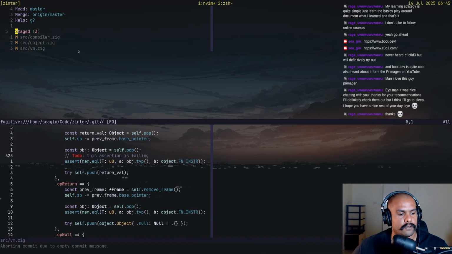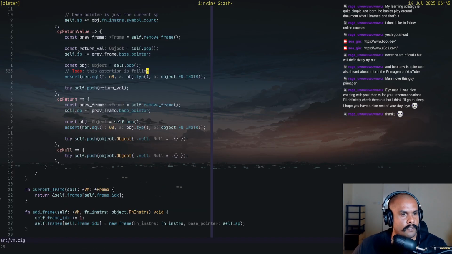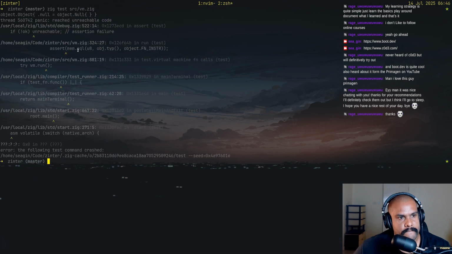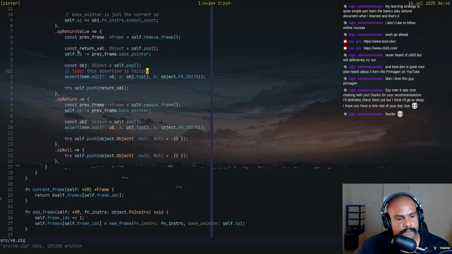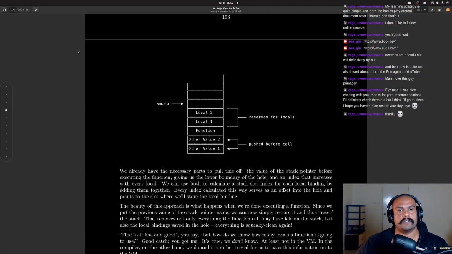No, I'll leave this out for now. Okay, I think I'll complete this tomorrow. I think there's quite a few mistakes. Okay, I'll figure it out tomorrow. I'm gonna call it a day there.